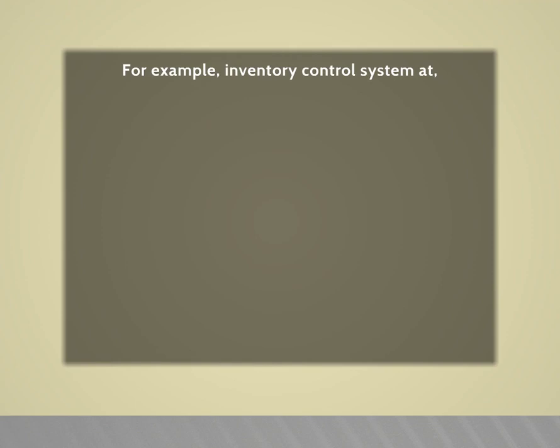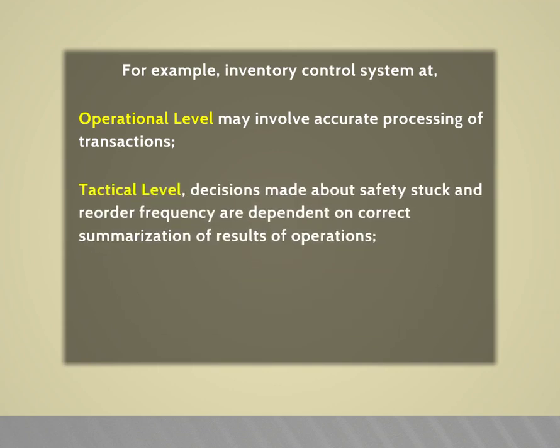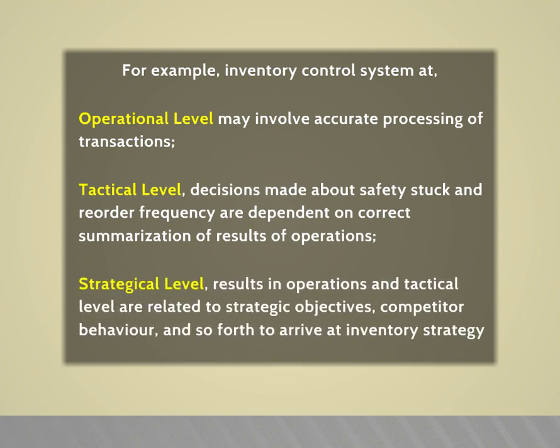For example, inventory control system at operational level may involve accurate processing of transactions at the tactical level. Decisions made about safety stock and reorder frequency are dependent on correct summarization of results of operation at the strategic level. Results in operation and tactical level are related to strategic objective, competitive behavior, and so forth to arrive at inventory strategy.